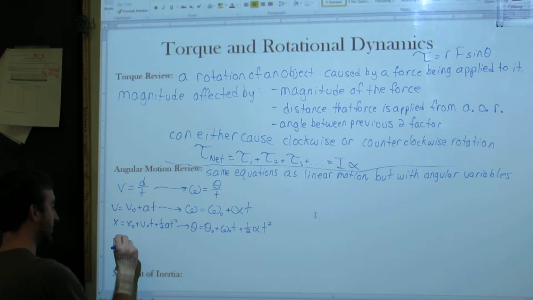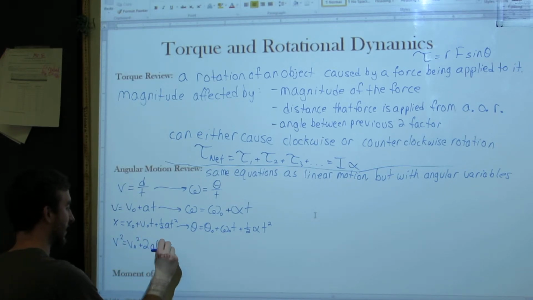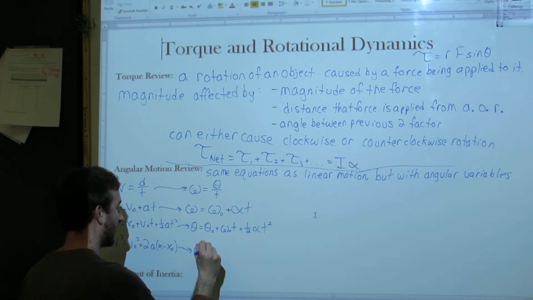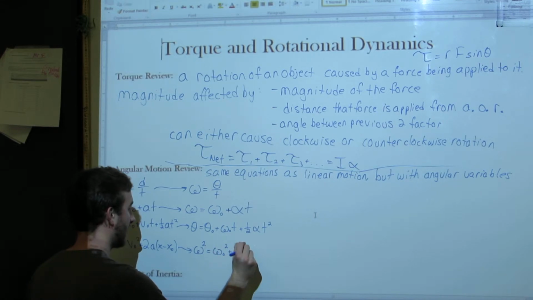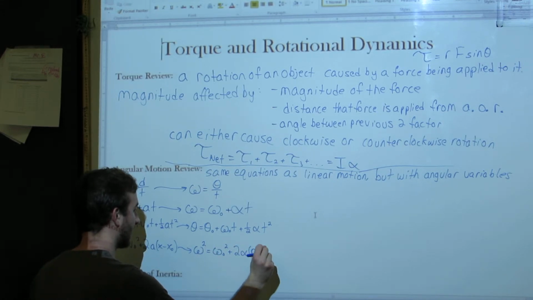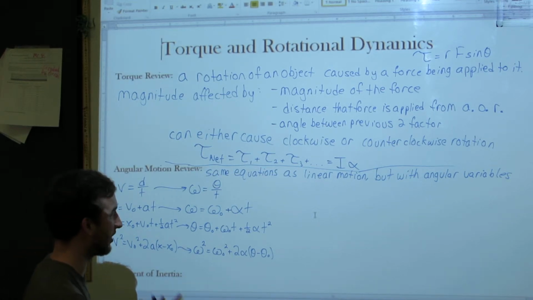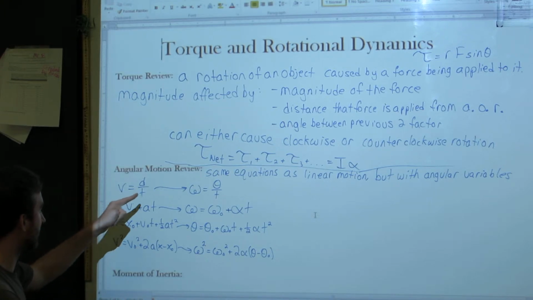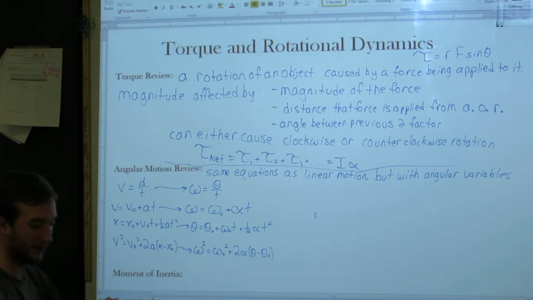And finally, v squared equals v naught squared plus 2a times x minus x naught becomes omega squared equals omega naught squared plus 2 alpha times theta minus theta naught. Okay? There are three other equations that we talked about that relate the linear variable to the angular variable in all three of these cases.